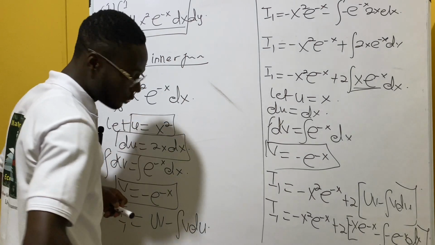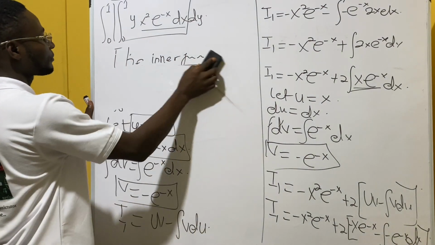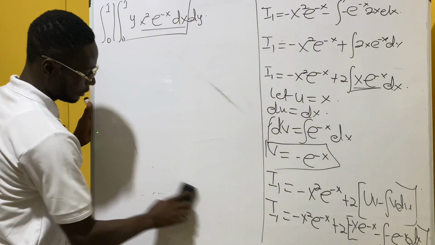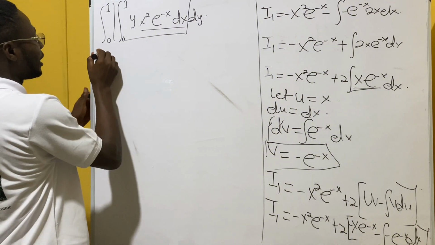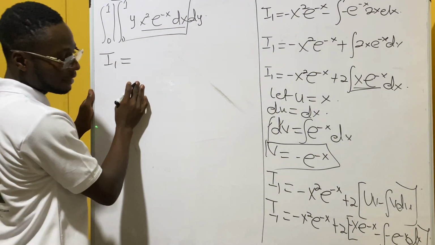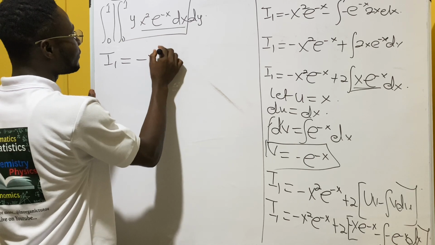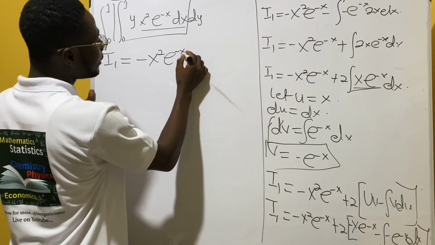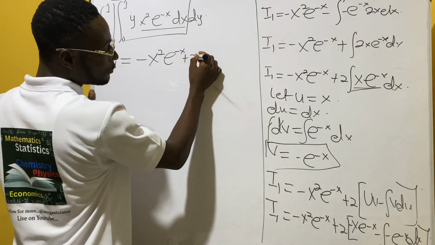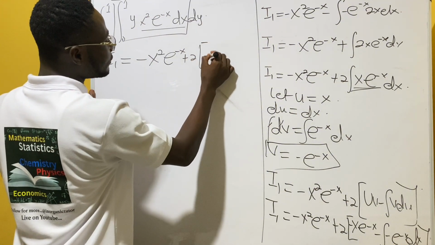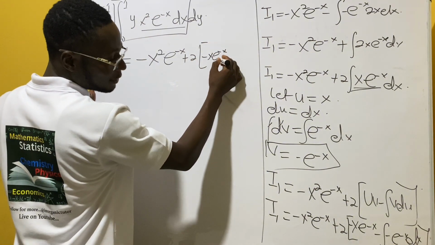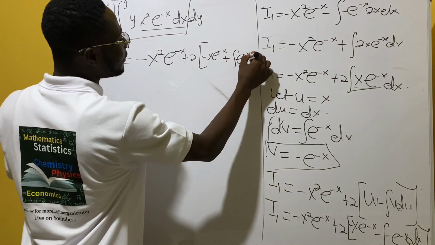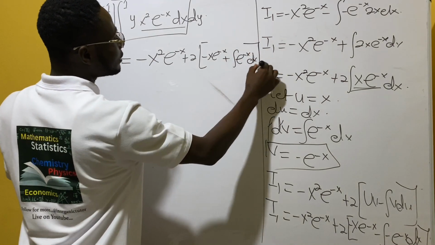So we have our first integral, the inner function, which is negative x squared e power negative x plus 2 times negative x e power negative x plus the integral of e power negative x dx.